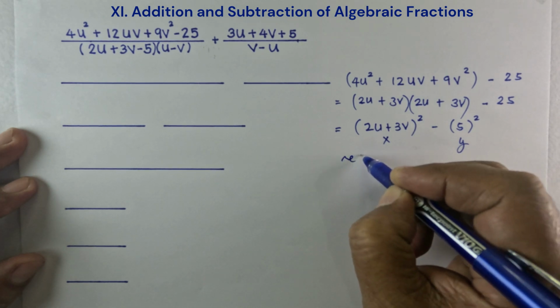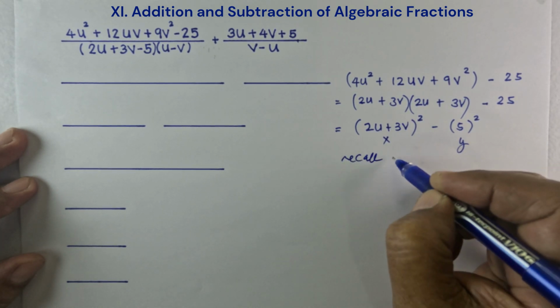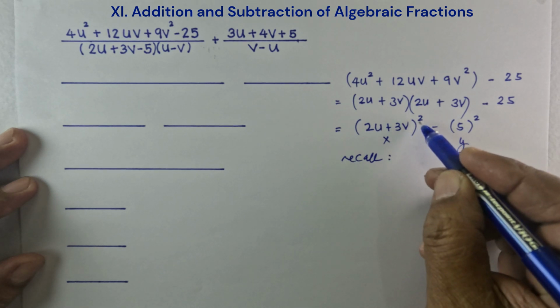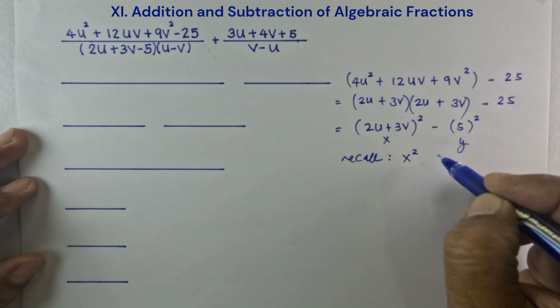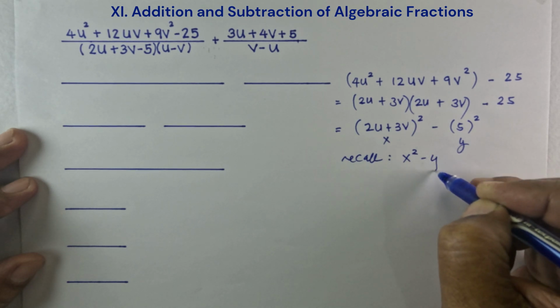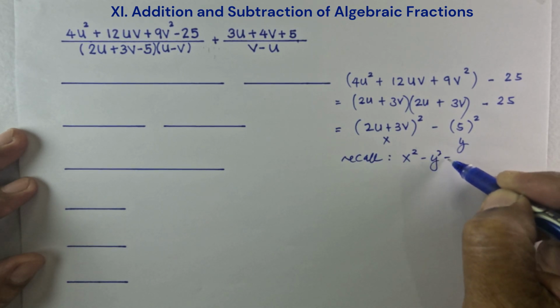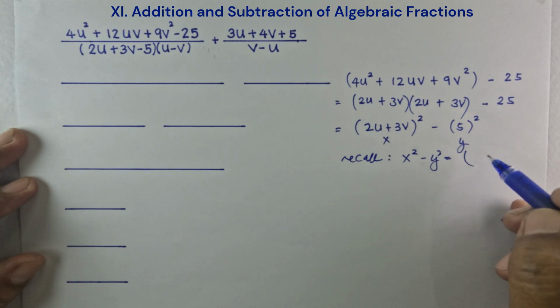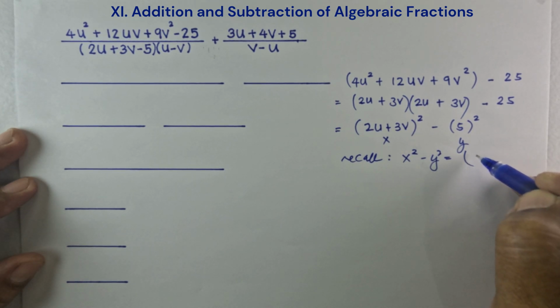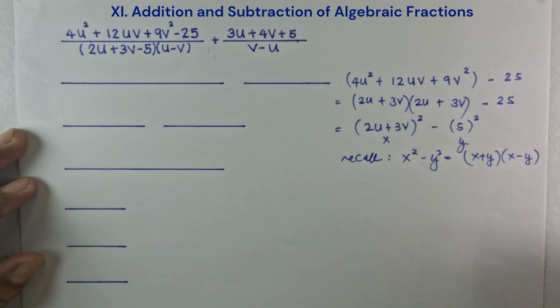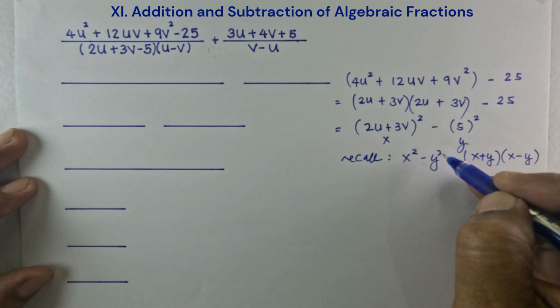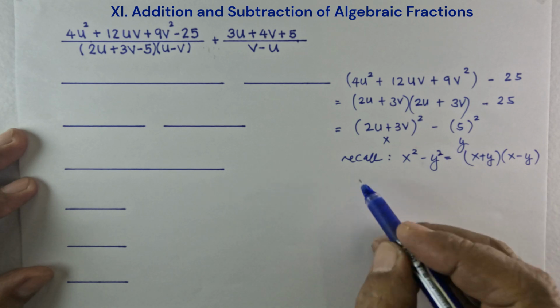Now recall, x squared minus y squared is equal to x plus y times x minus y. Now we're going to substitute.